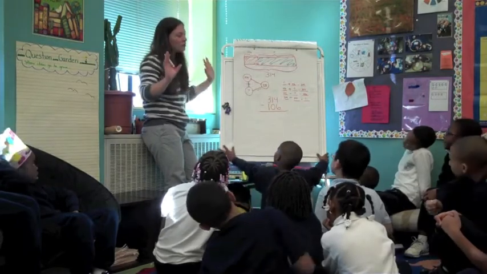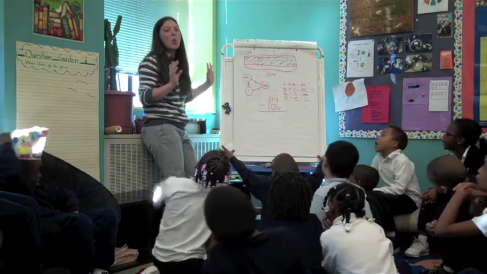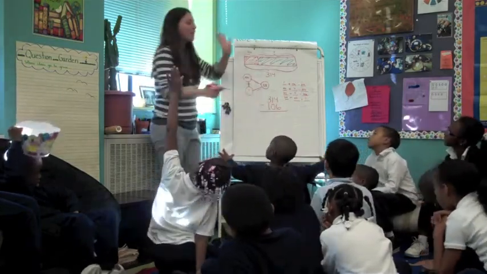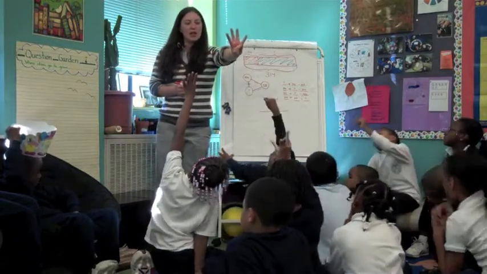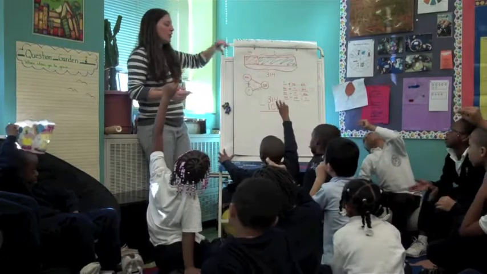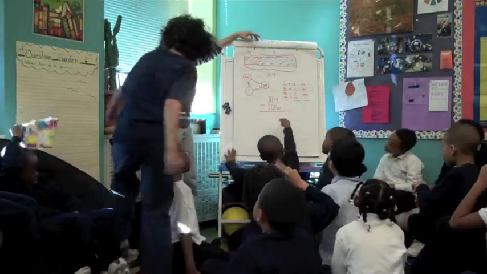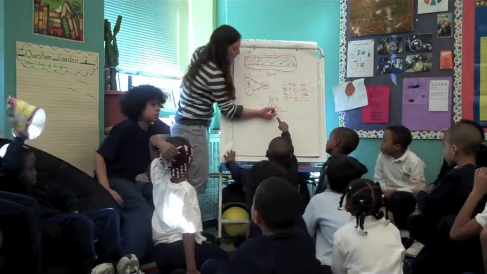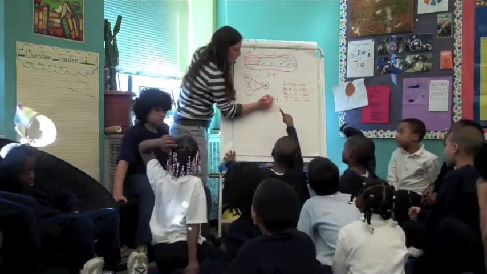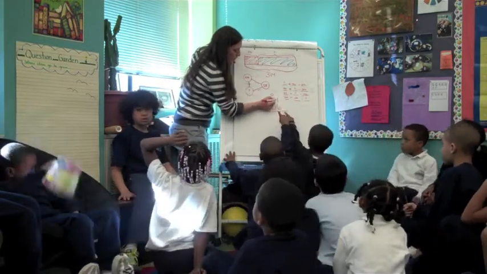Good. First rule, I have to look at the ones place. If I have 4, can I take 6 away? Nope. Claude, you're showing me the no sign. What do I have to do? I have to go to the 10 and take that one down and put a 0 up there and put the one next to the 4 right there.